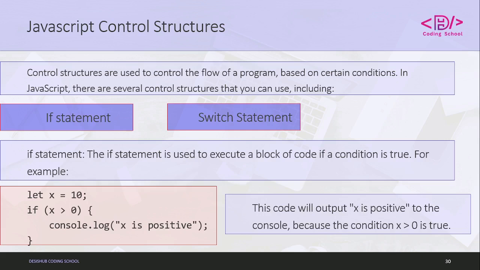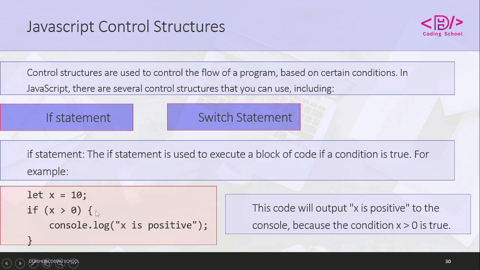So in this example, for instance, if you had x equal to 10, and then you are asking yourself if x is greater than 0. You see we have some sort of a comparison inside there. So if x is greater than 0, then you can console.log that x is positive.